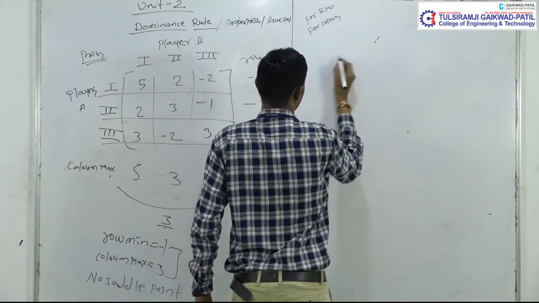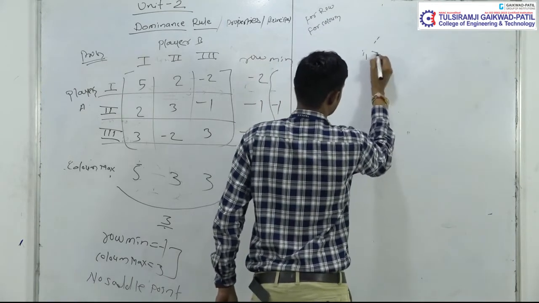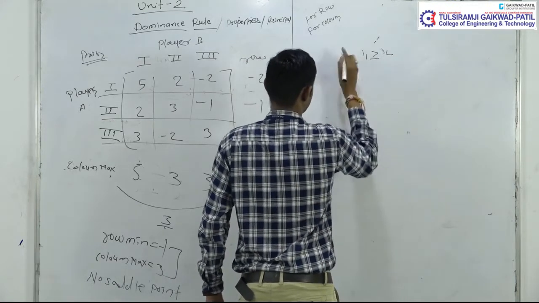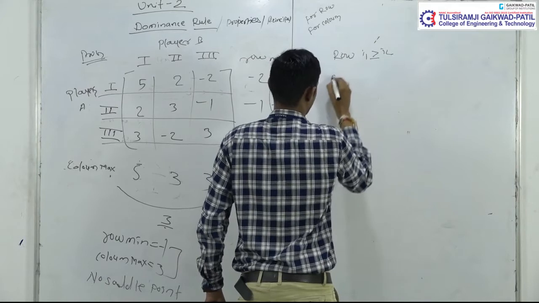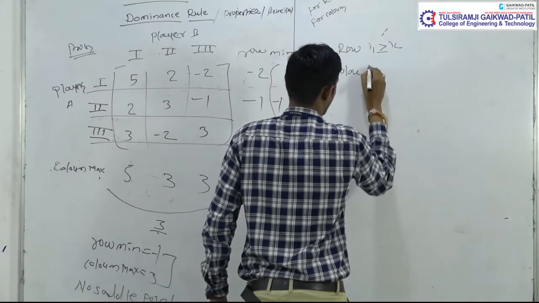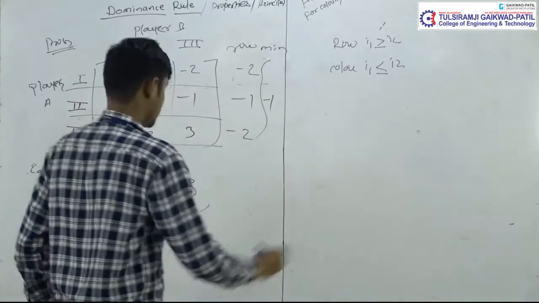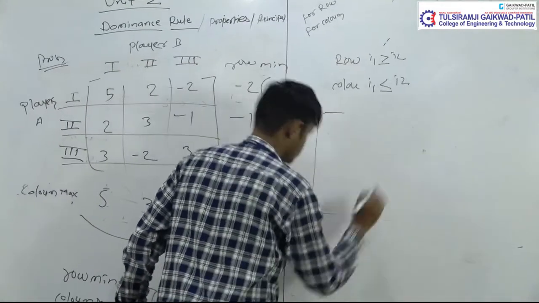For row, I1 is less than or equal to I2, and for column, I1 is greater than or equal to I2. Then write down the given matrix.